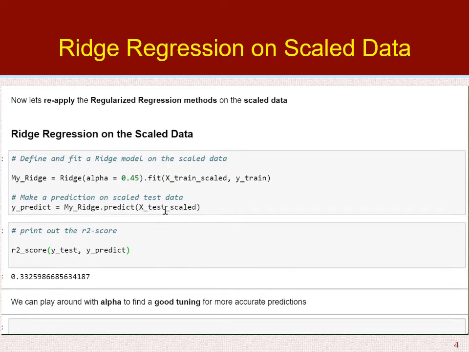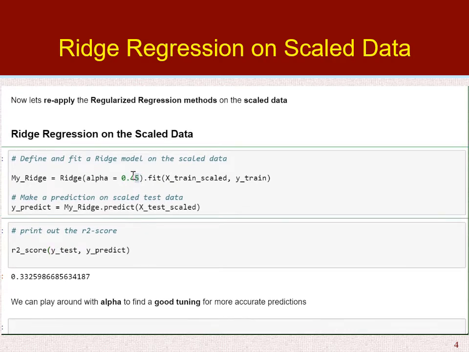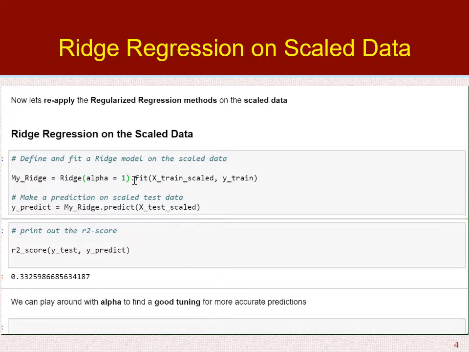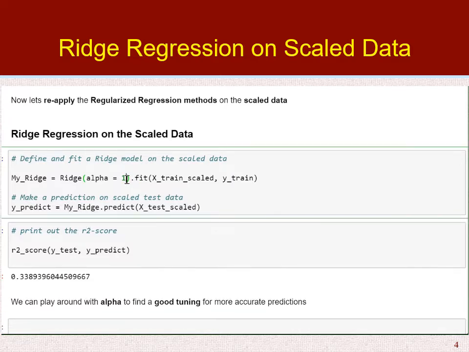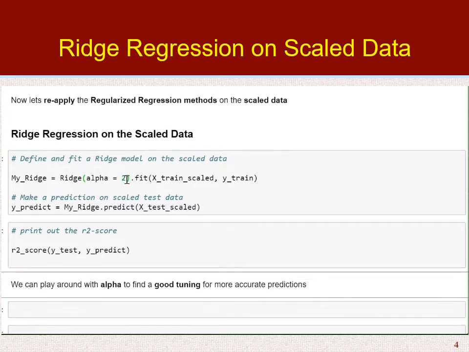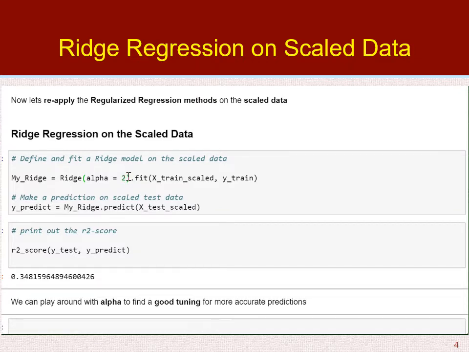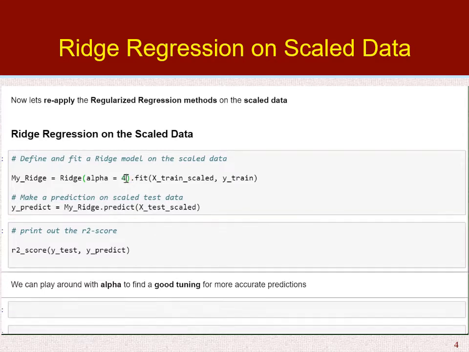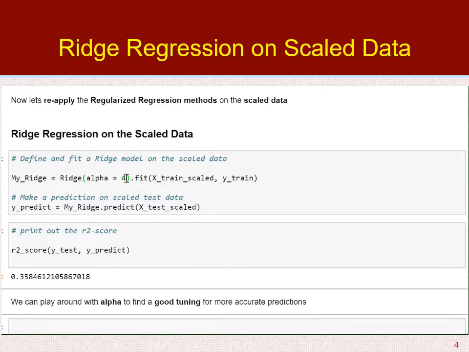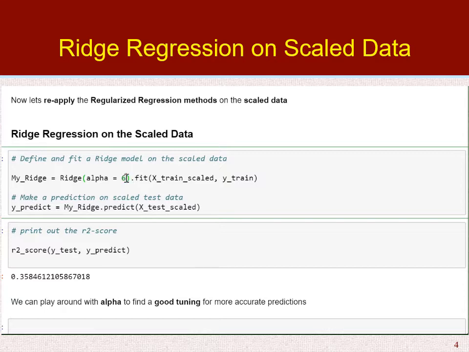So let's go back here and increase this, for example, to 1. See what's going to happen. It improved a little bit. I'm going to increase it to 2. Improved. I'm going to increase it to 4, double it. Improved. I'm going to increase it to 6.